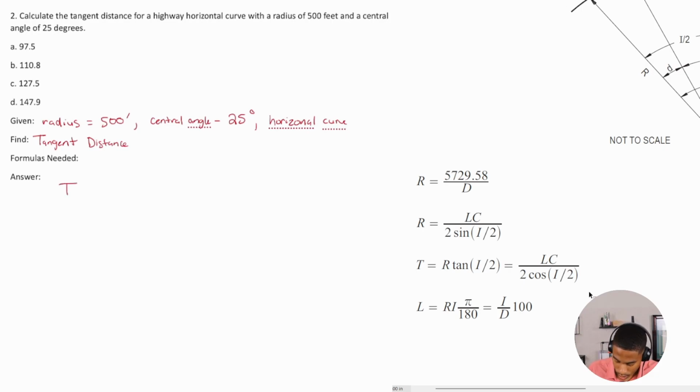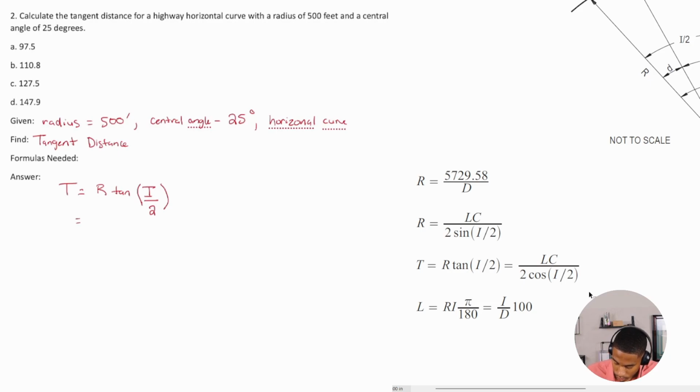So T is equal to R times tan of I divided by 2. It's important that we have our units in degrees because our angle is in degrees.